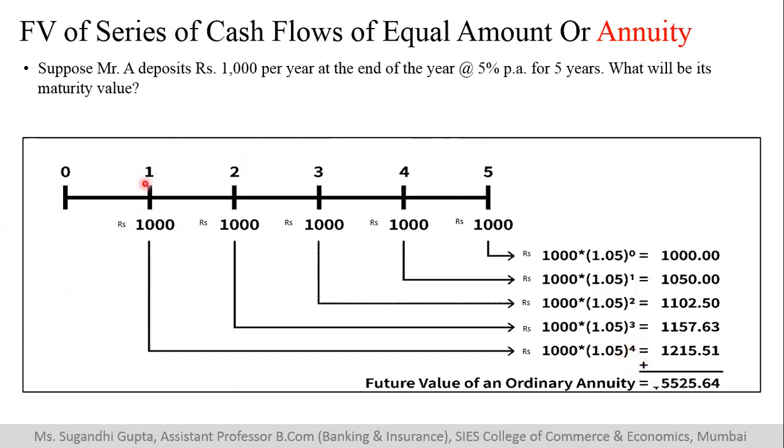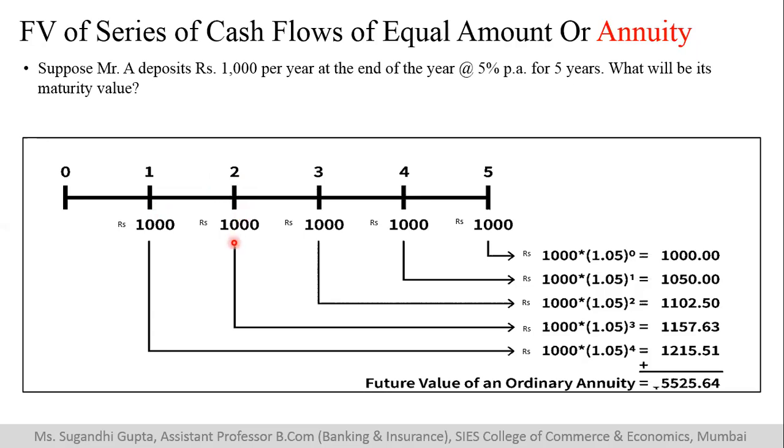So what is happening? The first installment that Mr. A pays remains in the bank for a period of 4 years, because from the 5th year onwards, he will start withdrawing the money. Then at the end of the second year, he goes and deposits the money again.